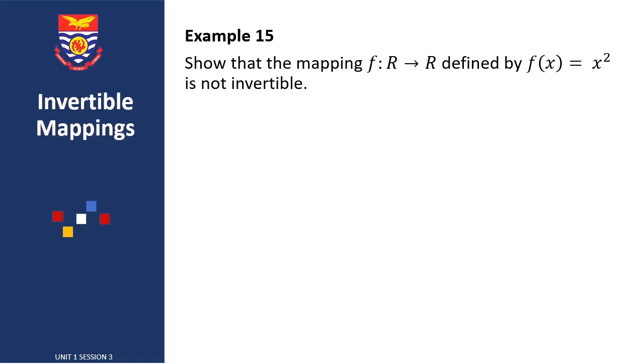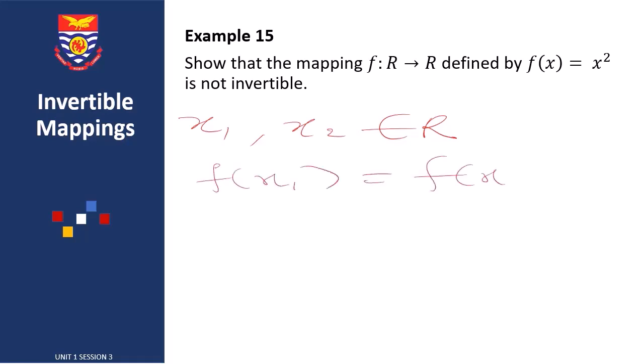Now suppose that f is 1 to 1. Then if we let x1 and x2 be members of R, because the mapping is from R to R, then one can say that f of x1 equals f of x2 implies that x1 equals x2.